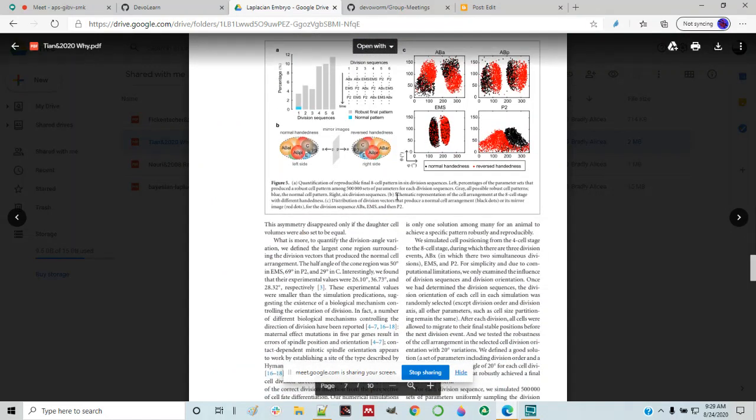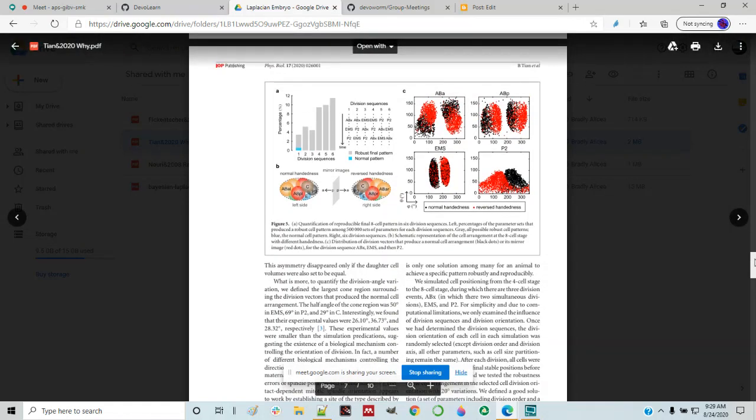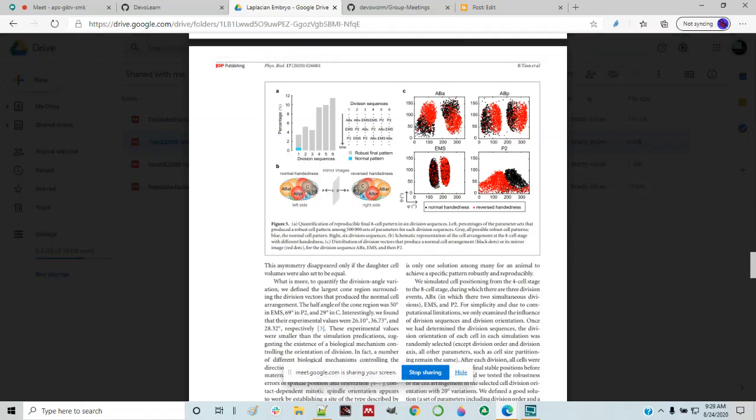And then quantification of reproducible final 8-cell pattern in 6 division sequences. So this looks like they're just reconstructing the different lineages and looking at normal-handedness and reverse-handedness.